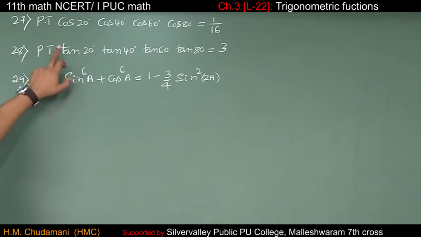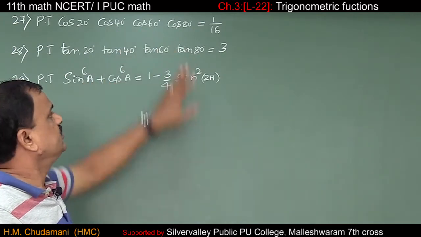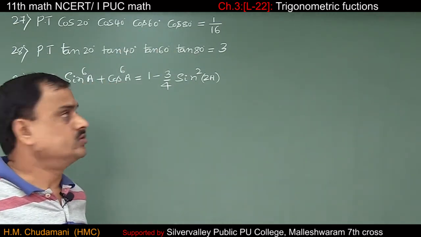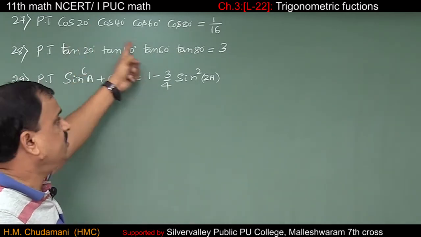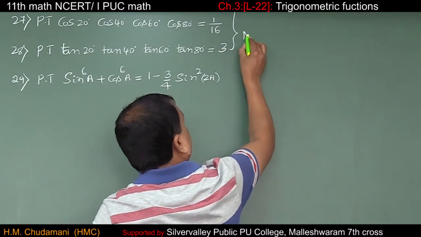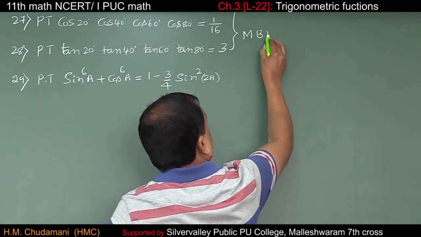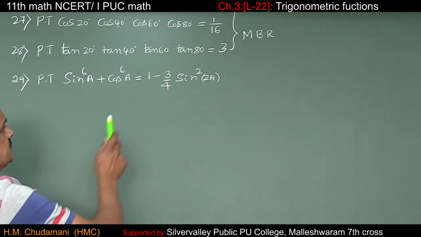Similar problems. Prove that cos 20 into cos 40 into cos 60 into cos 80 degree is equal to 1 by 16. Suppose if it is sine, it means 3 by 16. These three are memory based results for MCQs. Please try to remember the question itself.